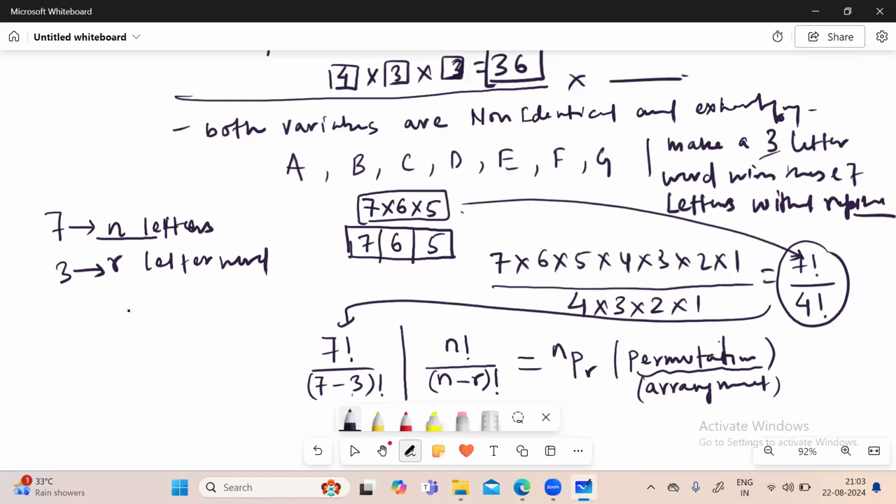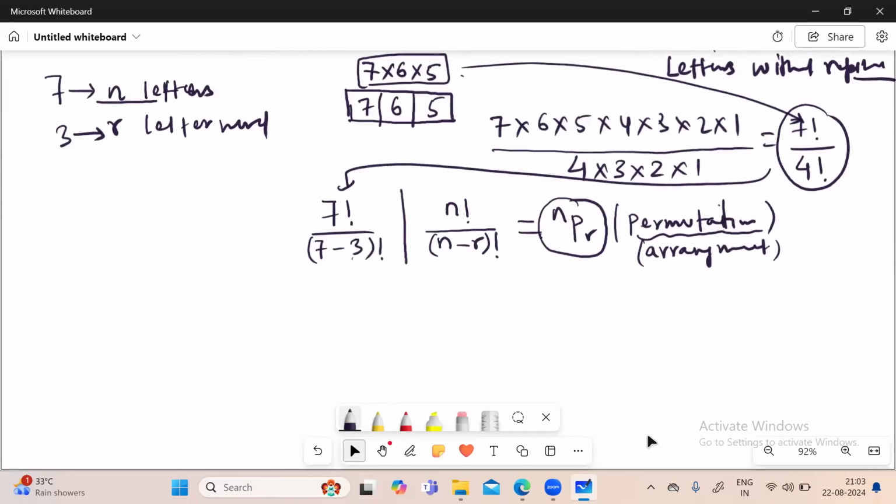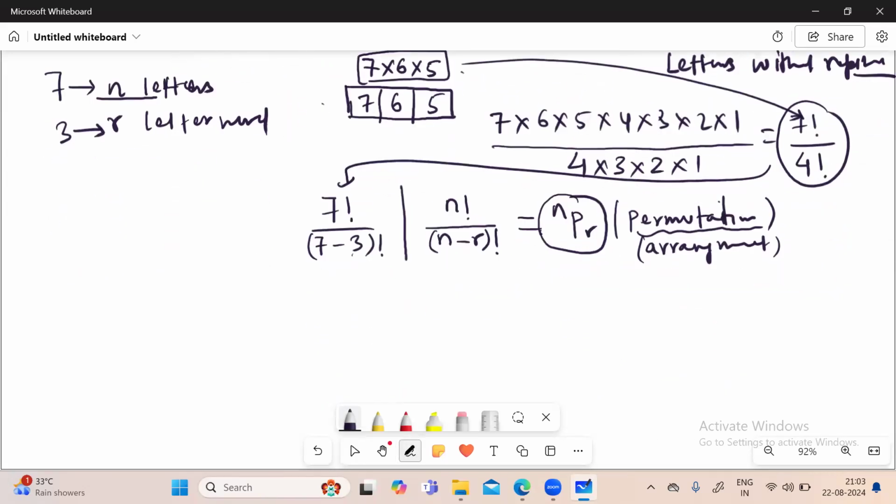So basically, nPr denotes what? Total number of arrangements of n elements taking r at a time. Just remember the words. This is not the arrangement of 3 letters. This is an arrangement of 7 letters taking 3 at a time.